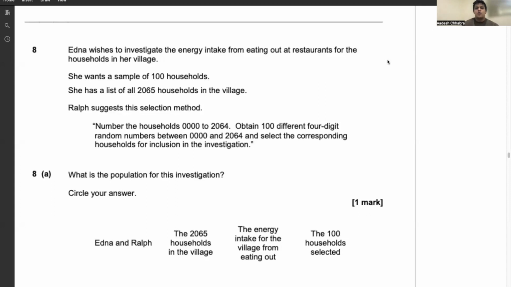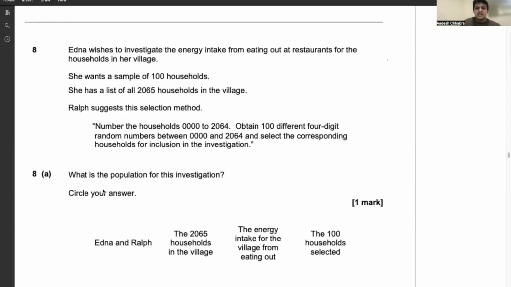So in question 8, we have Edna, who wishes to investigate the energy intake from eating out at restaurants for the households in her village. She wants a sample of 100 households, and she has a list of all 2,065 households in the village. Now, Ralph suggests this selection method: to first number the households from 0 to 2064 and obtain 100 different 4-digit random numbers between 0 and 2064 and select the corresponding households for inclusion in the investigation.